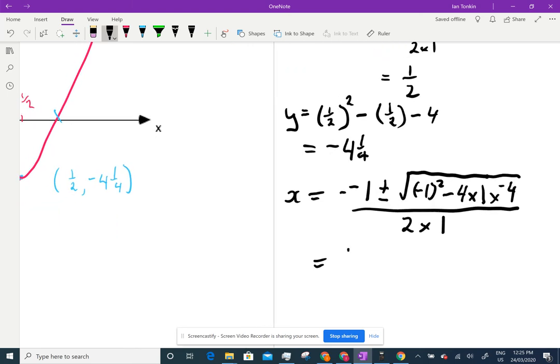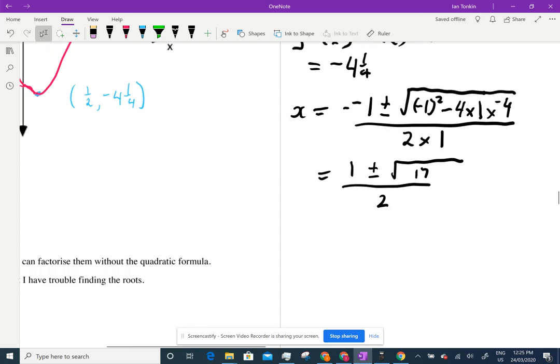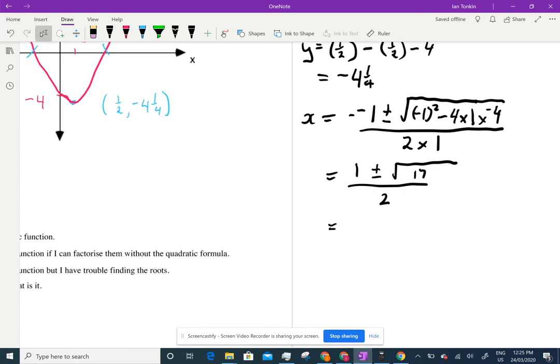So I get 1 plus or minus the square root. And if I do all that, I get 17 on 2. Now, this is where you need to be smart. So you get 1 minus root 17 on 2.